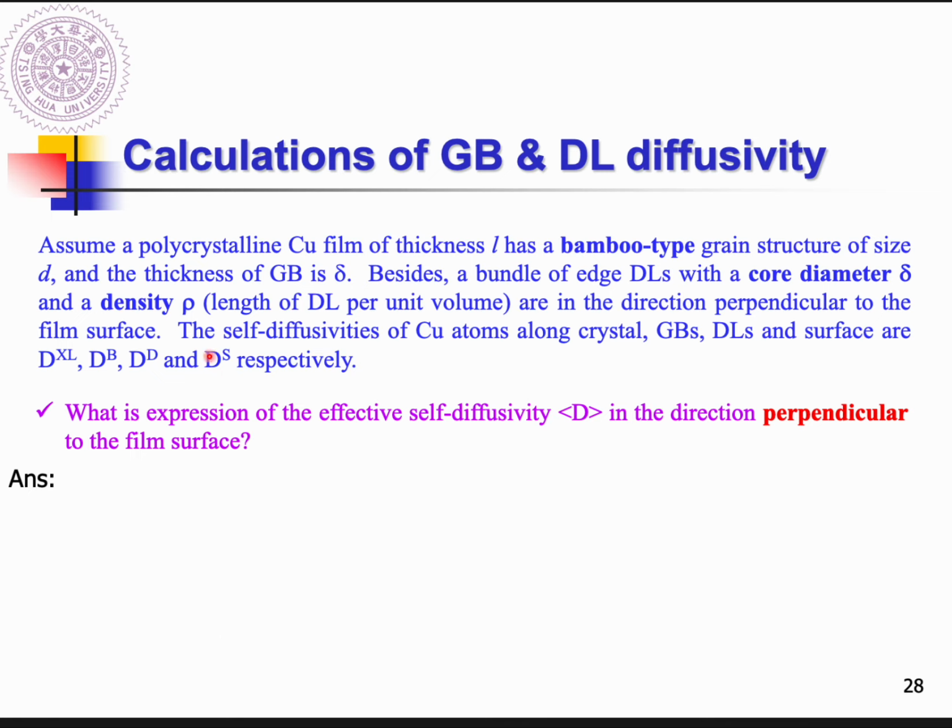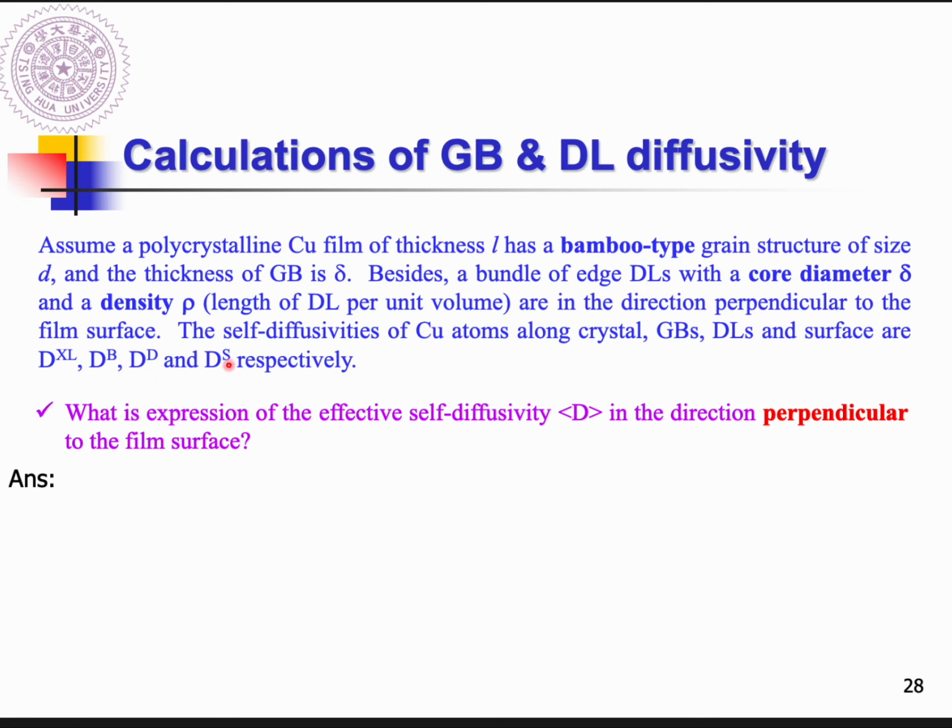Okay, so the second question is: what is the expression of effective self-diffusivity in the direction perpendicular to the film surface? In order to get the effective diffusivity, you need to know the area fraction for each crystal imperfection site, right? But here the direction is perpendicular to the film surface.